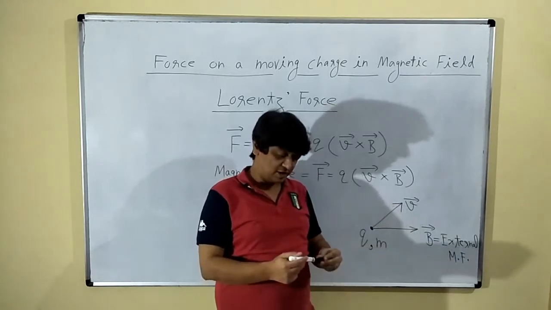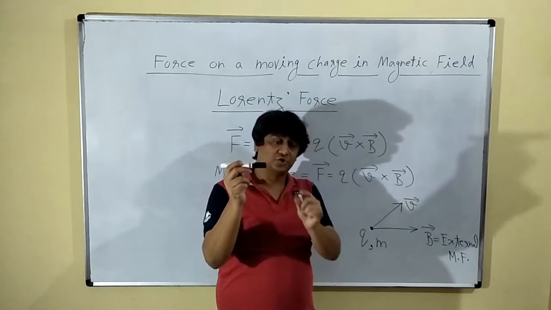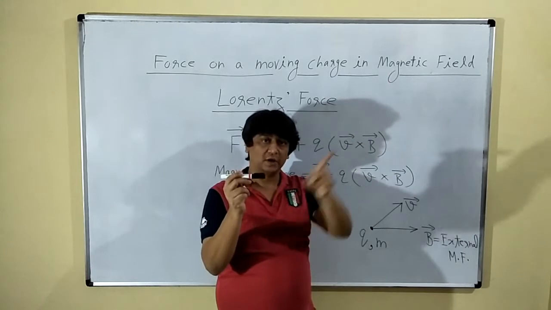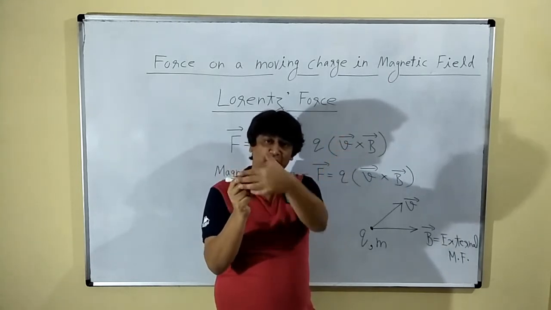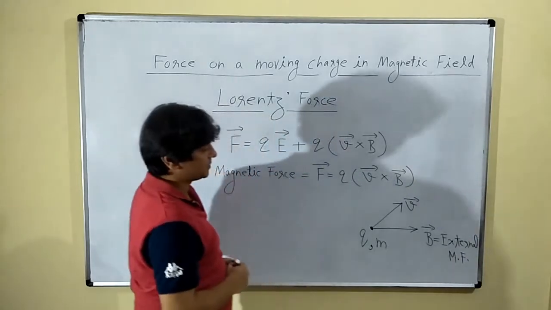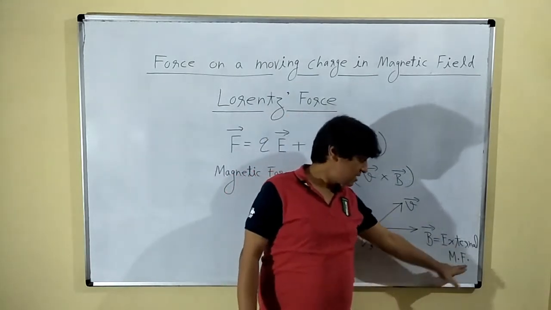For example, let's say we have a bar magnet and a charge is moving like this. This charge is moving in the presence of the magnetic field produced by this bar magnet. That's what we are interested in, and therefore I said external magnetic field.